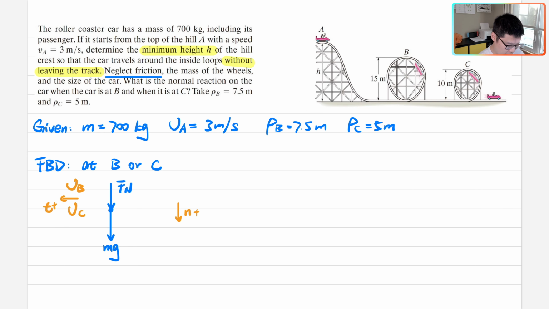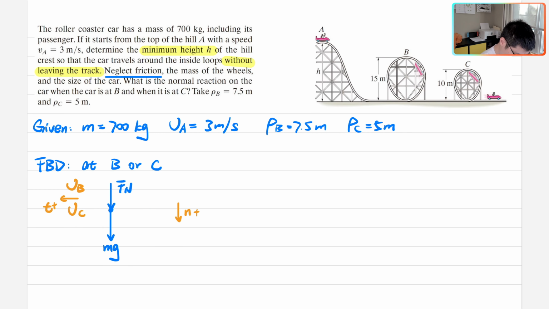Remember, your normal acceleration is the reason why the direction of the velocity is changing.